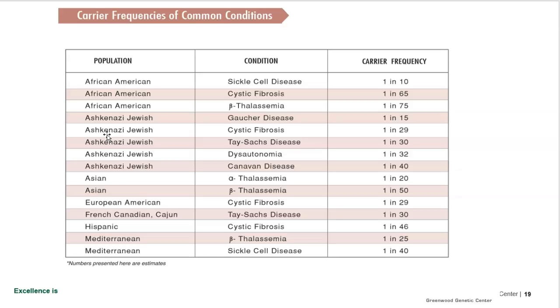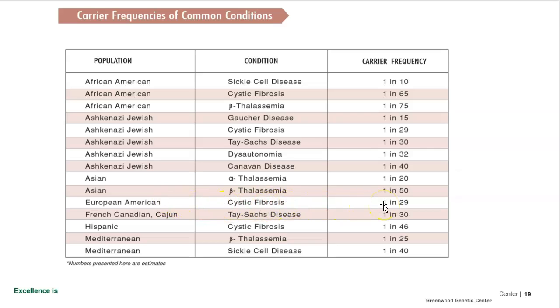So that's why this gene is higher in the African American population, because in Africa malaria killed people. But if you're a carrier and you survive, you're going to pass on your genes to the next generation.